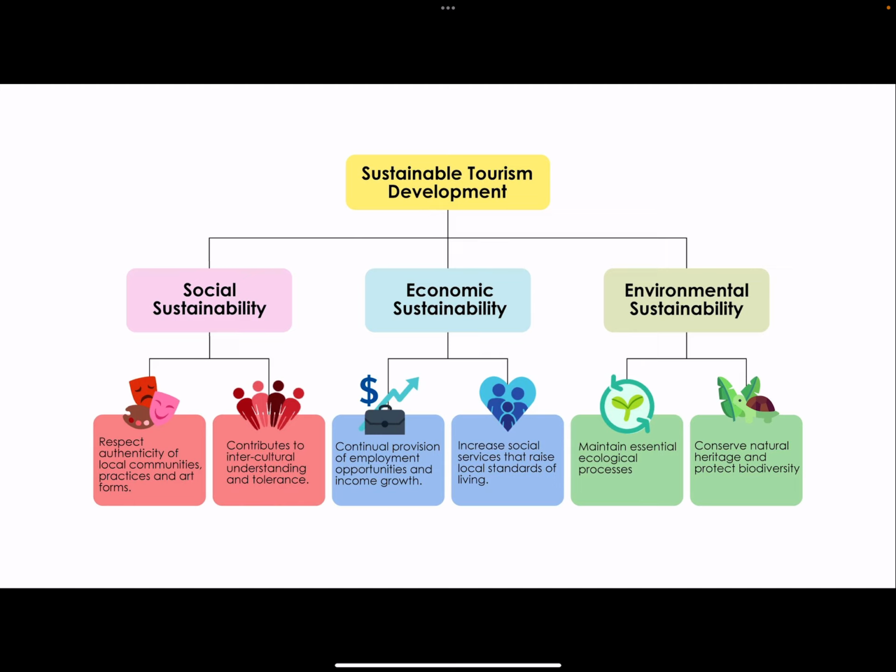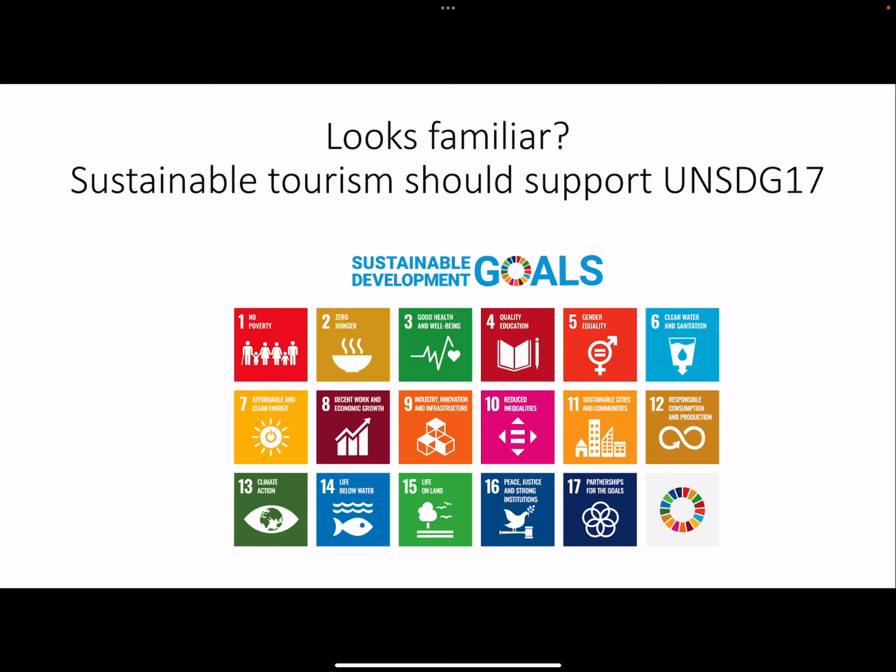So when you're looking at sustainable tourism development, we're looking at three forms of sustainability, mainly the social sphere, the economic sphere, as well as the environmental sphere. So the social, we actually covered developmental areas earlier on in the UN SDG 17 goals, right? So I hope this is vaguely familiar to you.